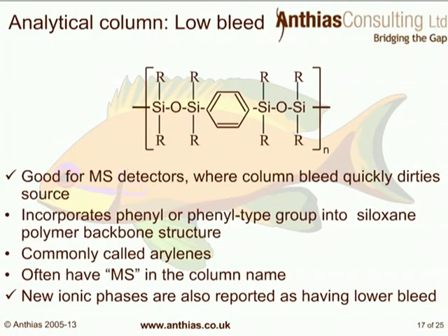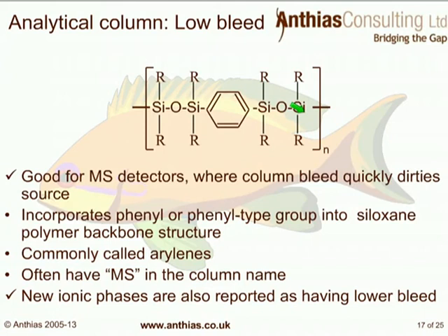We can get analytical columns which are optimized for mass spectrometers. These could include phenyl groups actually within the backbone of the siloxane stationary phase itself. They're very good for mass spectrometers because they tend to be lower bleed.